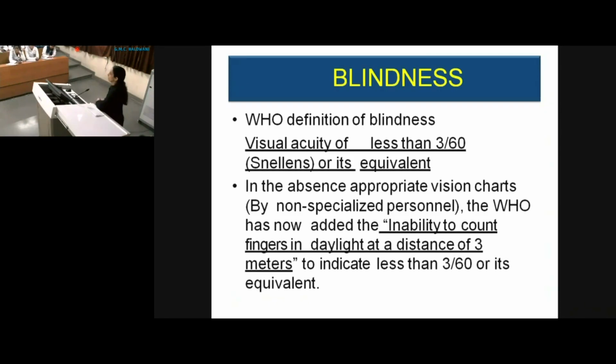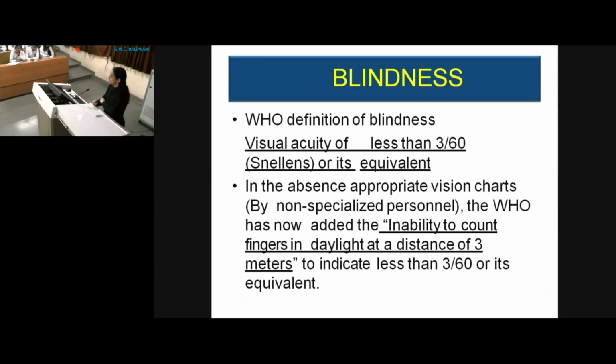So WHO has defined blindness as visual acuity of less than 3/60 according to Snellen's chart or its equivalent. All of you must have seen Snellen's chart. Yes or no? Where have you seen it? Ophthalmology department, right?